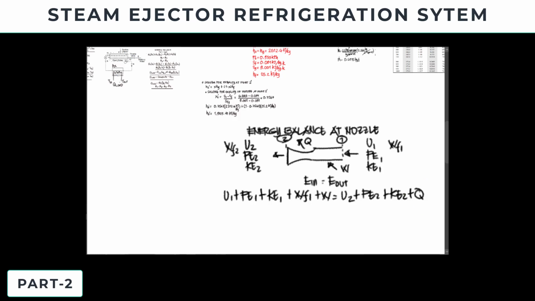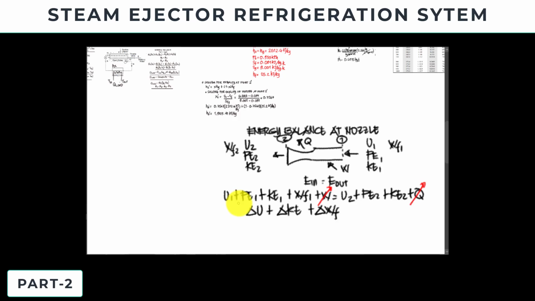Okay, which eventually your work and your Q will be 0 out. So what remains is this value we have, the change in internal energy plus the change in kinetic plus the change in your workflow. Okay, kinetic.